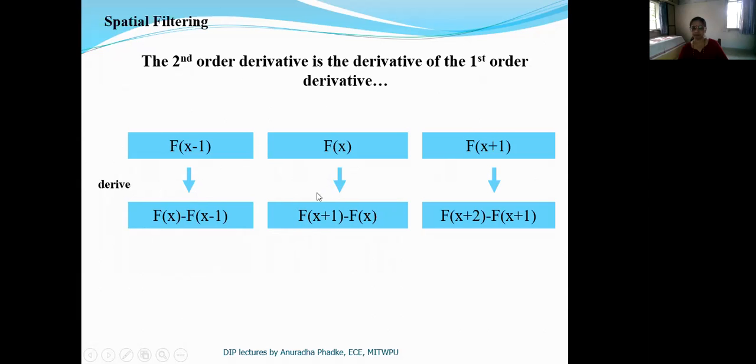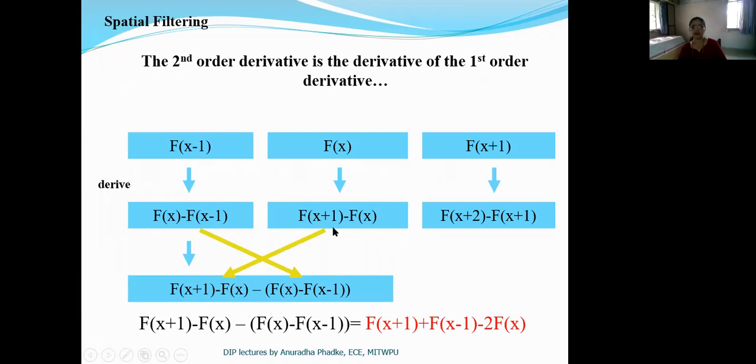So we can subtract this first term from the second term to determine the second derivative. We consider this term, f of x plus 1 minus f of x, minus the first term, f of x minus f of x minus 1.